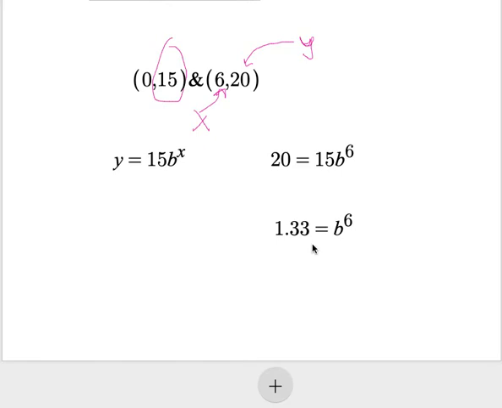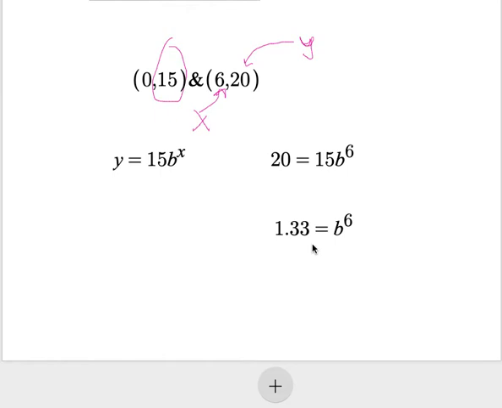We could use the square root function on our calculator. Luckily, we're trying to find here what number multiplied 6 times is 1.33. The calculator does have that same feature. Instead of being called a square root button, it's just called a generic root button.